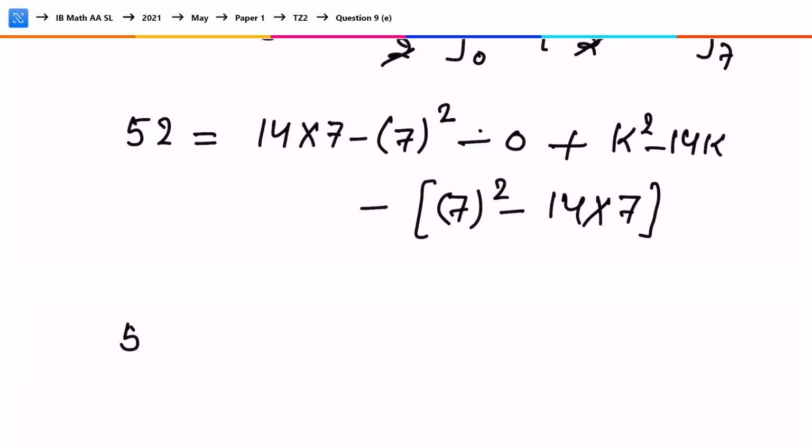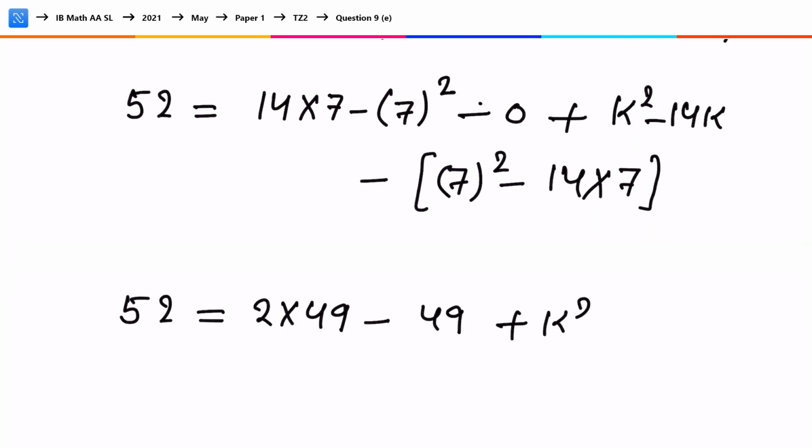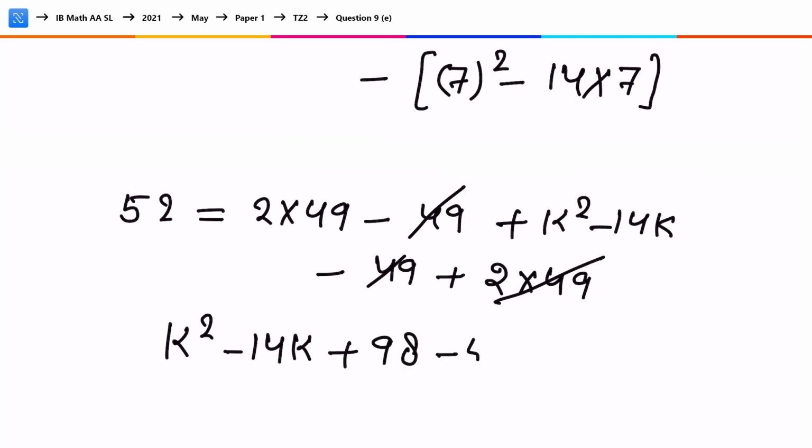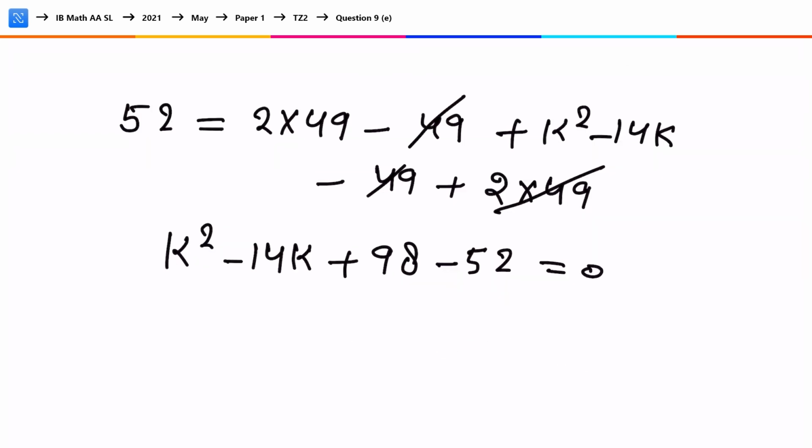This simplifies to 52 equals 2 multiplied by 49 minus 49 plus k squared minus 14k minus 49 plus 2 multiplied by 49. Continuing with the simplification, we get k squared minus 14k plus 98 minus 52 equals 0, which simplifies to k squared minus 14k plus 46 equals 0.